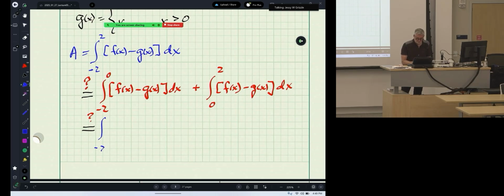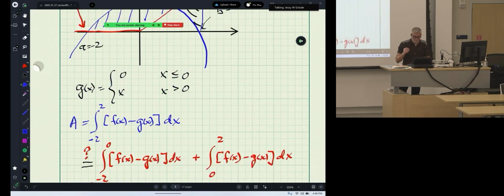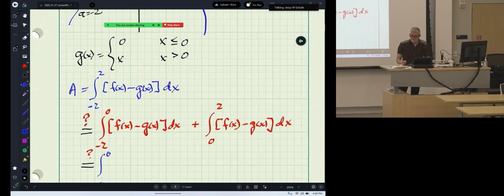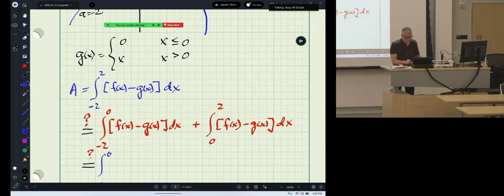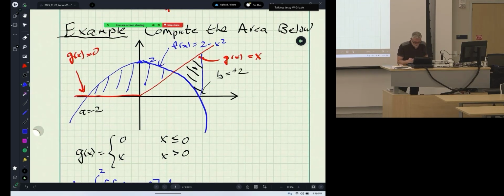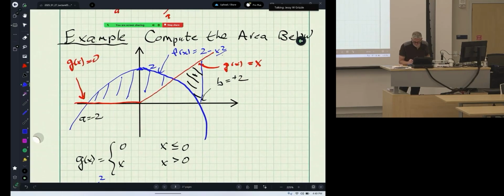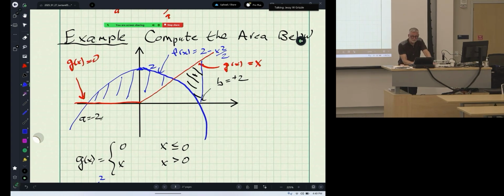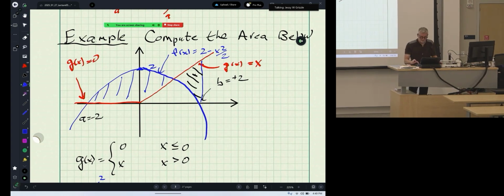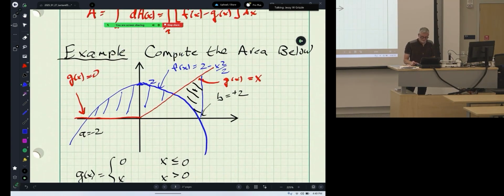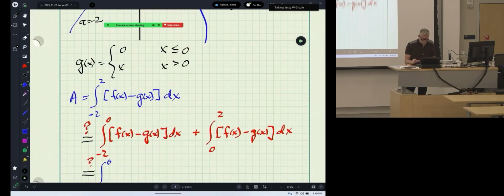It's minus 2 to 0. F of x is 2 minus x squared. Oops, this is x squared over 2, or that doesn't work, right? Let's see, x squared when it's 2 is 4 divided by 2, and we get 0. So that's x squared over 2. My apologies.